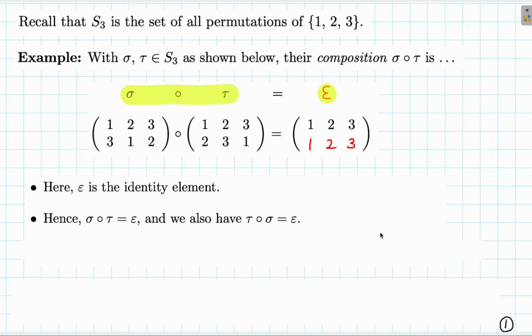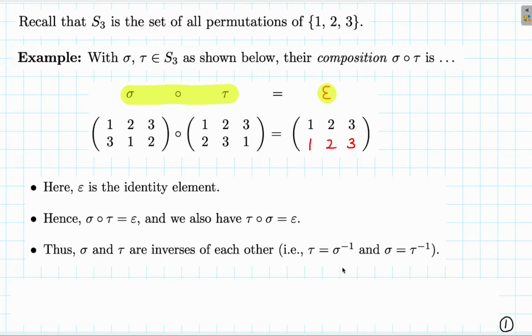And therefore, we say that sigma and tau are inverses of each other. In other words, tau is the inverse of sigma. That's what this expression says. And we can also say that sigma is equal to the inverse of tau. And that's what that expression says right there.